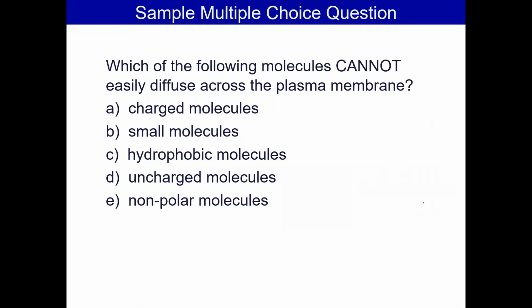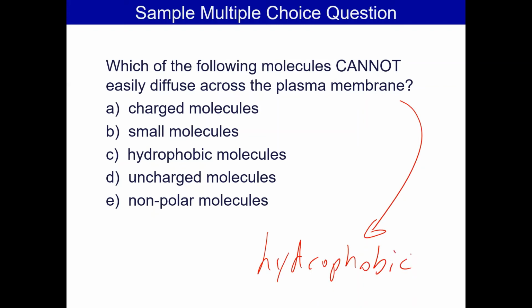Here's a sample multiple choice question, and it's asking what cannot easily get past a plasma membrane. Remember that the phospholipid bilayer is hydrophobic, at least the lipid part is hydrophobic. So hydrophobic things can cross easily. Uncharged things, usually.